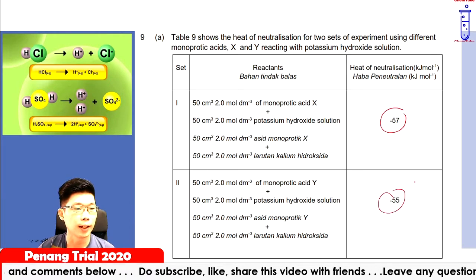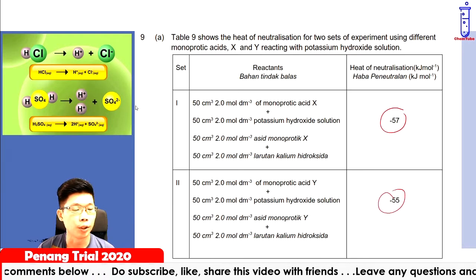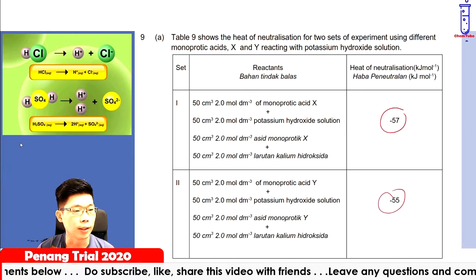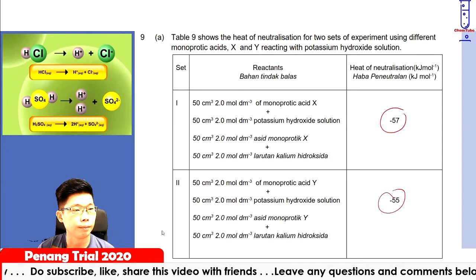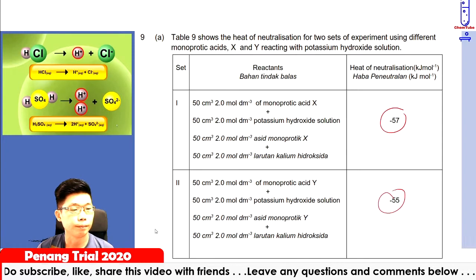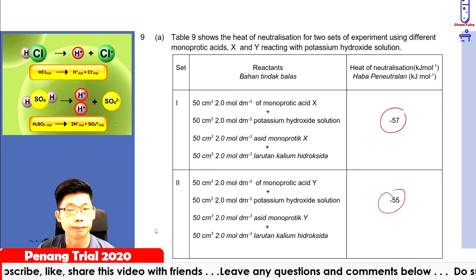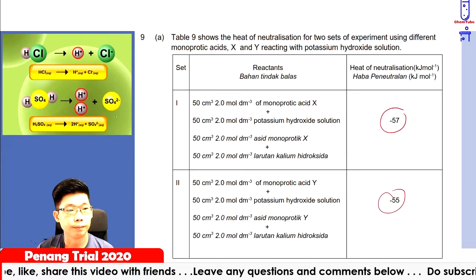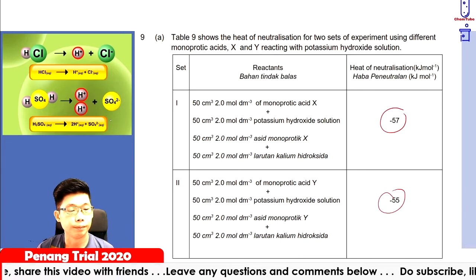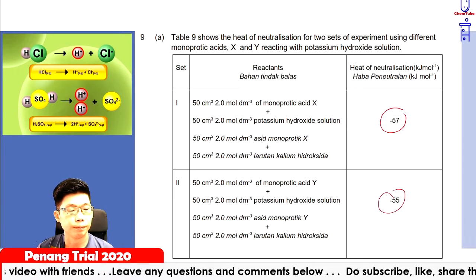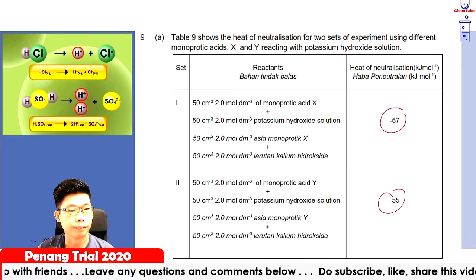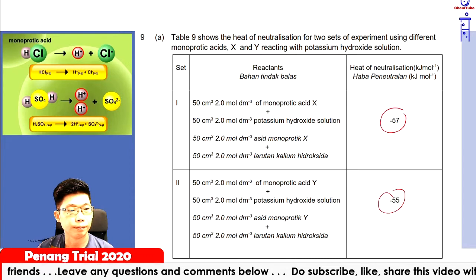Before that, I will show you the meaning of monoprotic acid, and include diprotic acid here. Look at the number of hydrogen ions produced. Hydrochloric acid releases 1 hydrogen ion. An acid that can give up 1 hydrogen ion per molecule of acid is called a monoprotic acid.